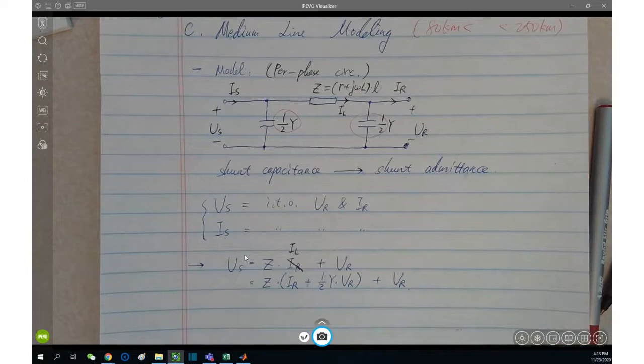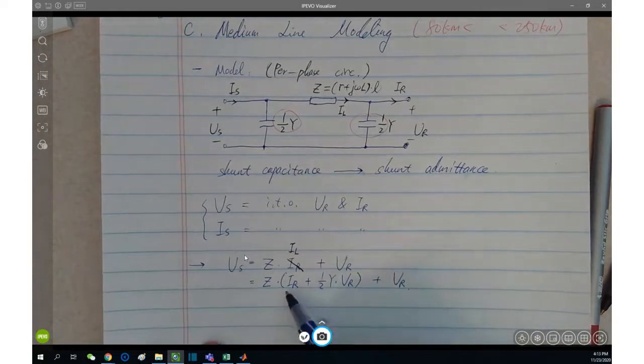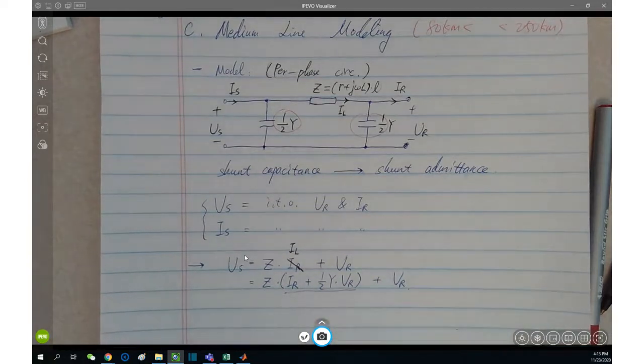Did it make sense? This parenthesis is nothing but IL. What's the principle we're based on? Anyone?